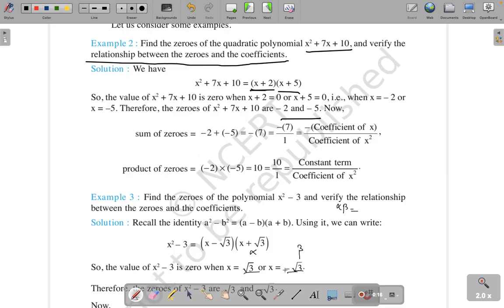Alpha beta is root 3 times minus root 3, which is minus 3. Here also you can see minus 3. The constant term is minus 3, and the coefficient of x square is 1. Okay, any doubt?